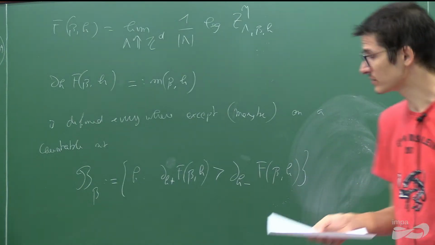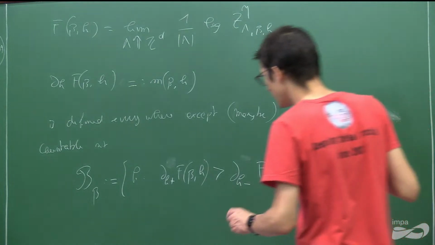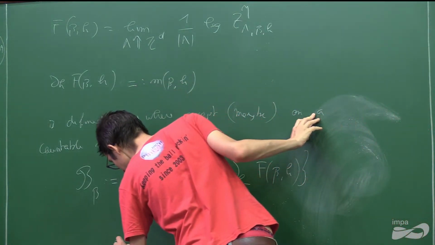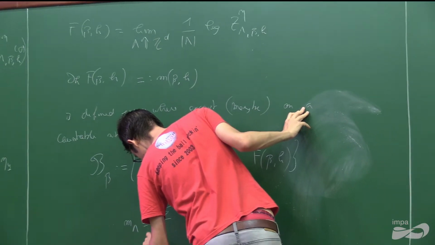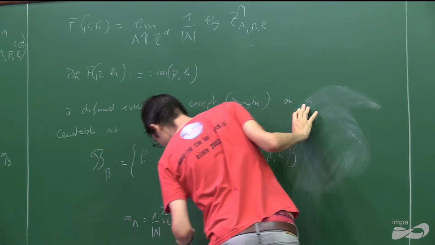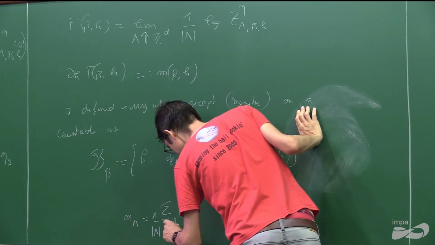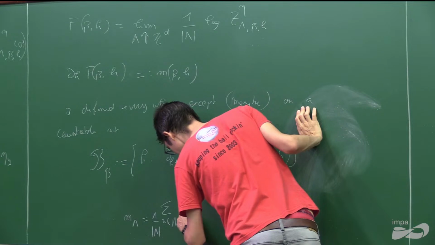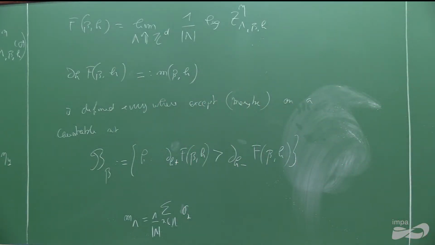Now what we are going to do today is, we call m_Lambda the empirical average of the magnetization over the box.